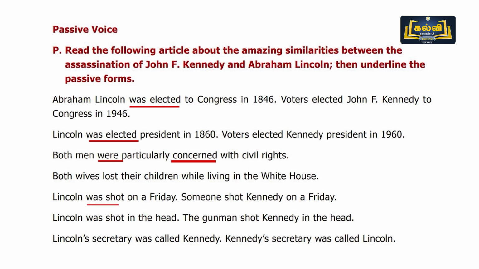Lincoln was shot on a Friday. It is given in passive form. Someone shot Kennedy on Friday. So, here also this is the active form of the usage. Children, likewise, many sentences are given below. You have to identify whether it is the active voice or used in the passive voice.